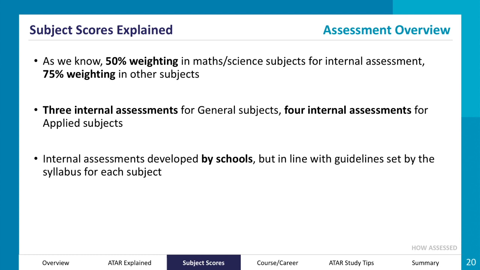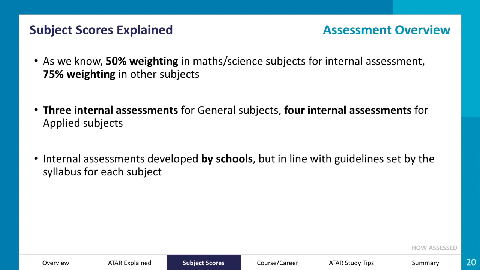Now, you might be thinking at this stage, well, with general subjects and applied subjects, they both rely, at least in part, on internal assessments, so those administered by the school. And you might be thinking, well, what if different schools administer different assessments? How is that fair? That's a really valid concern, and one that's really being considered heavily in this new ATAR system.